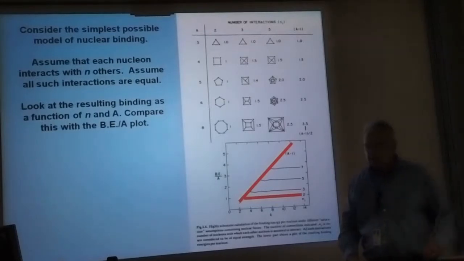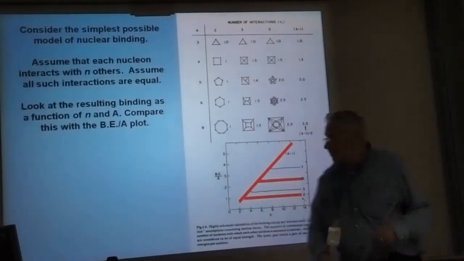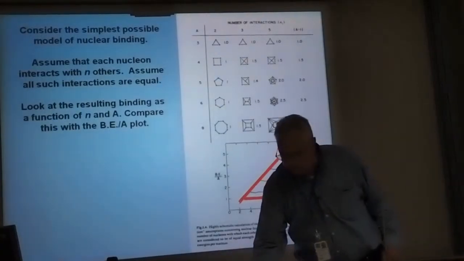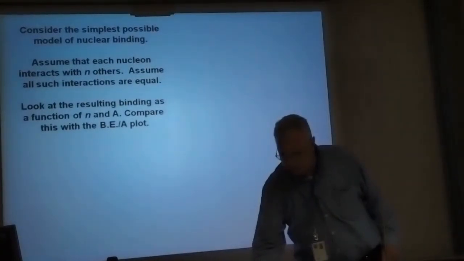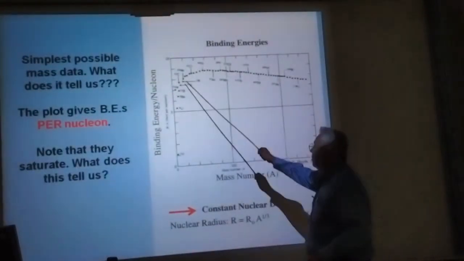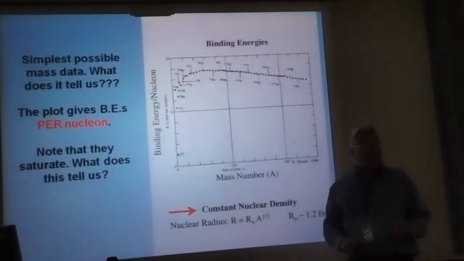And so that looks like this. This is the case if each nucleon interacts with 5 others. This is beginning to look like the plot we saw on the previous slide. The previous slide started saturating around 12 or so nucleons.